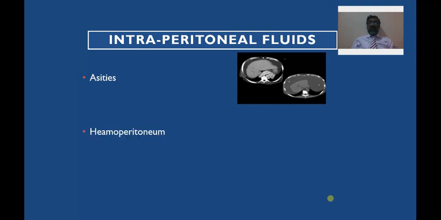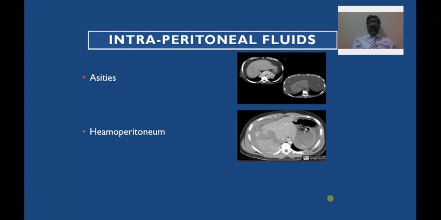Second variety is hemoperitoneum, meaning presence of blood inside the peritoneal cavity. This is more dense in color, more radiopaque. Depending upon its location, it can be present around the liver in case of liver injuries, or around the spleen, and so on.